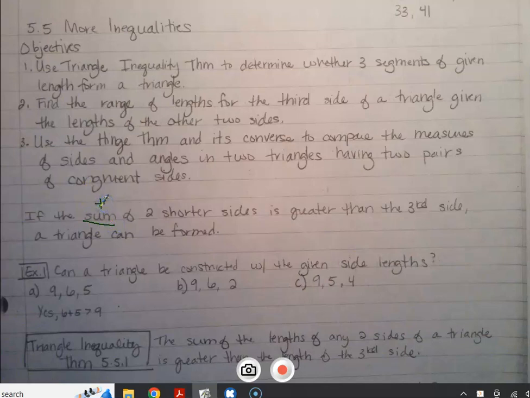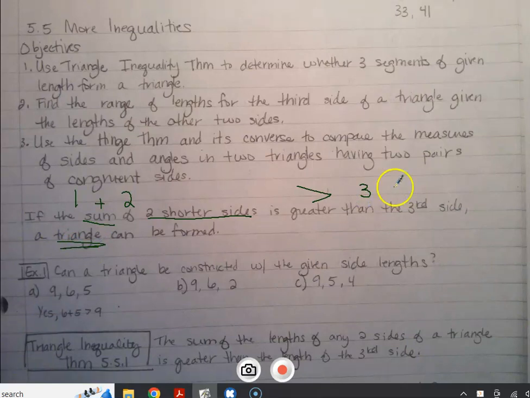Okay, so if we add the 2 shorter sides, and that's greater than the third side, so if we add side 1 plus side 2, and it's bigger than side 3, that means then we can make a triangle. If it's not bigger, then we cannot make a triangle. That's it.